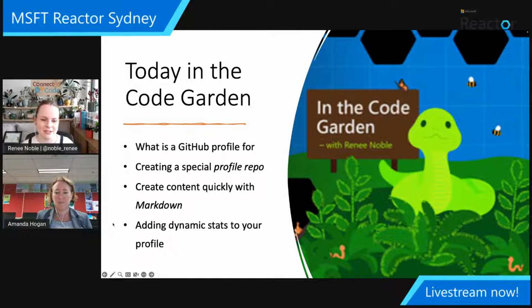But we do need to ask Amanda one question because we are in the Code Garden and every month I need to ask what someone's favorite plant is. I thought I'd covered it last month with Amanda, but she did manage to have 2 different plants. So let's ask again. I have more plants. I'm sorry, I'm a bit of a gardener. So excellent. What is your favorite plant today, Amanda? So today I was walking past my acanthus, which is called an oyster plant, in the garden, and it's coming into flower, and that made me very happy. So my favorite plant today is the acanthus. I love it. I love a new favorite plant every day. I also have a new favorite plant every day.